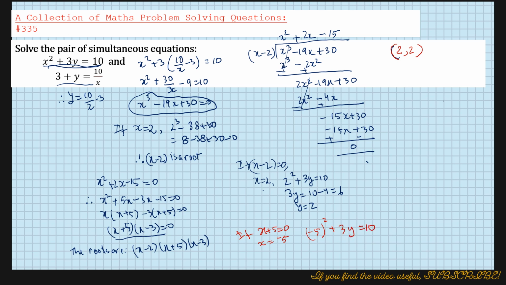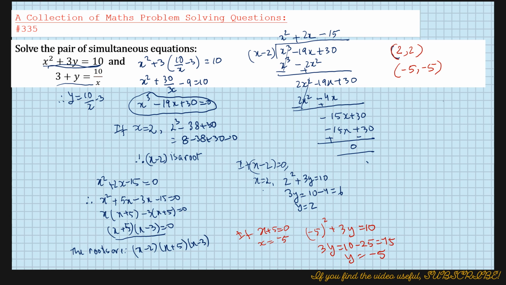So then what we get is 3y equals 10 minus 25, that is minus 15. So y would be minus 15 divided by 3, minus 5. So we get another solution as minus 5 and minus 5.